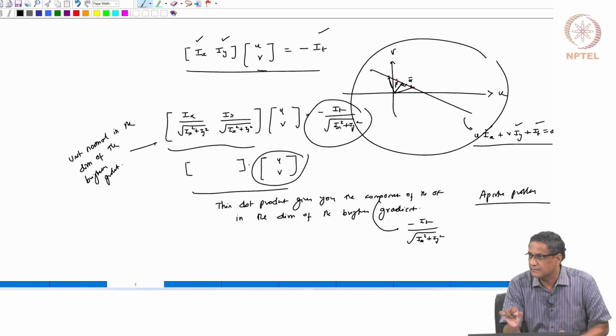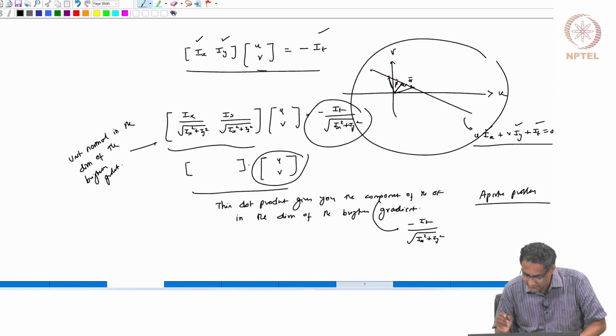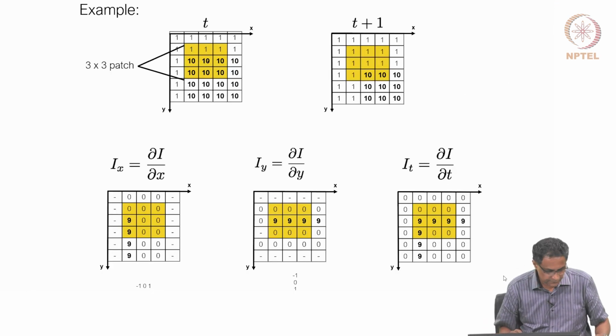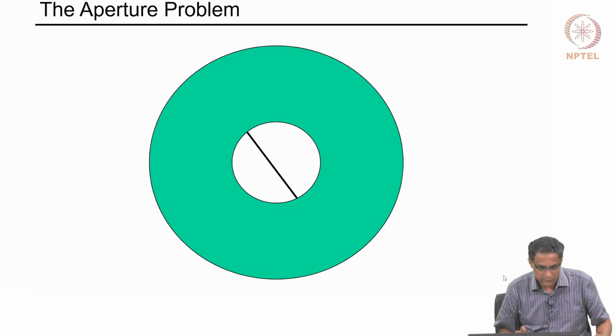And this is exactly that, and the next slide will hopefully demonstrate it. Now you tell me, based on this motion, which way is the motion?